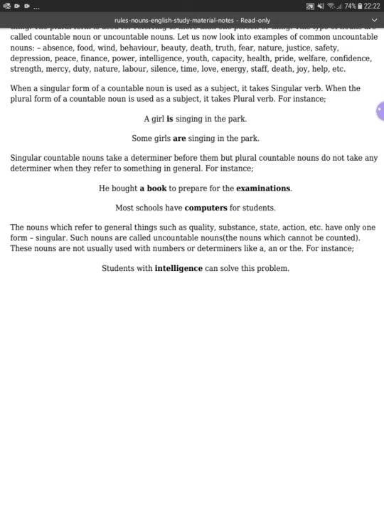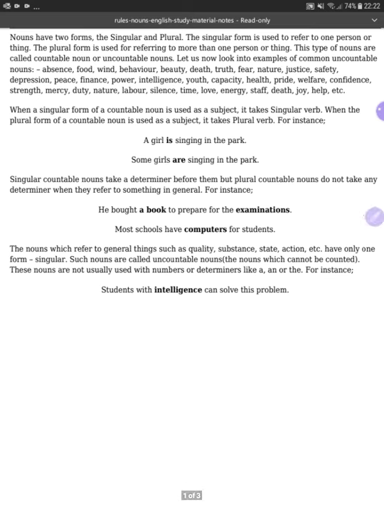Now moving to the next thing, that is the nouns which refer to general things such as quality, substance, state, action, etc., have only one form, and that is singular. Such nouns are called uncountable nouns, the nouns which cannot be counted.